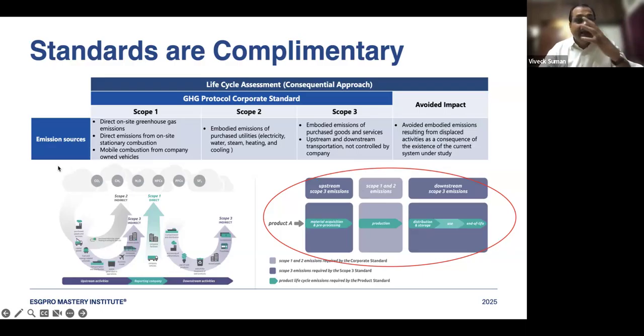For example, emission sources in scope 1 remains the direct on-site greenhouse gas emissions, which is happening through your company. Conveyor belt पे emission हो रहा है, in your DG set में emission हो रहा है, right? All that emission, stationary combustion, mobile combustion becomes the part of scope 1, right? And that also is part of life cycle assessment, consequential approach method requirement.